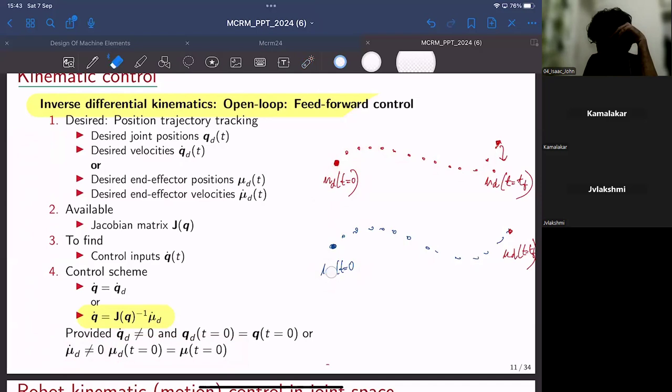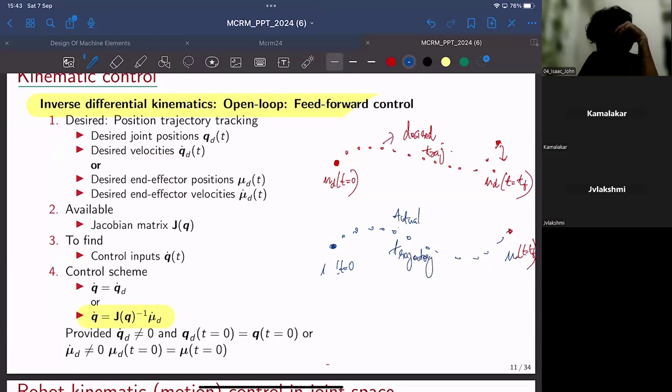The second condition says the initial position of the desired trajectory. This is the desired trajectory. This is actual. So the second statement, mu desired of t equal to 0 and mu of t equal to 0, states that the initial positions of the desired and actual should be coincident.